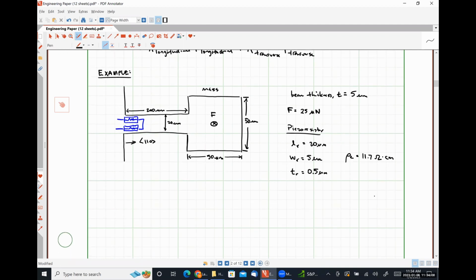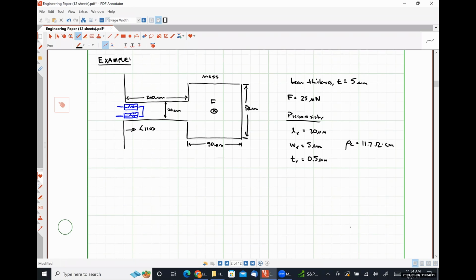And I want to determine two things. Number one, what is the fractional change in resistance experienced by one of the piezo resistors?